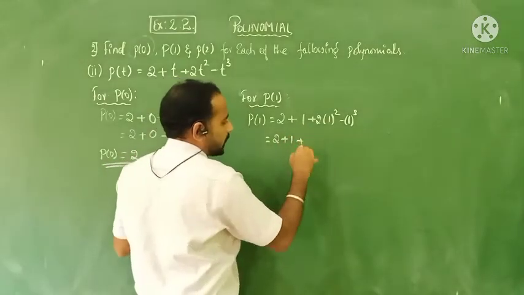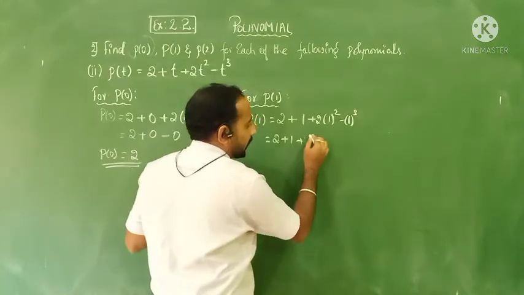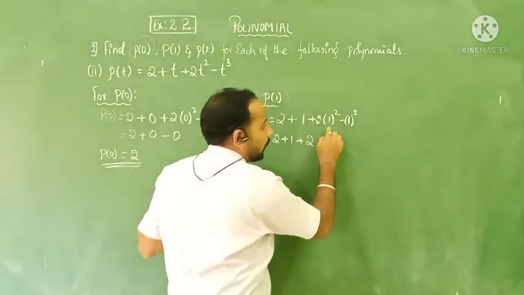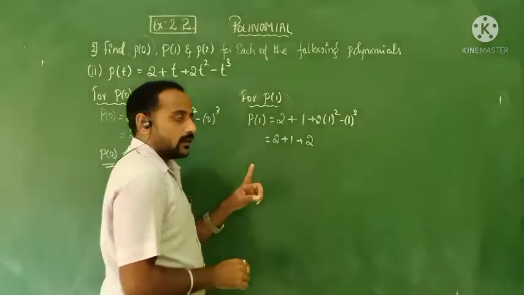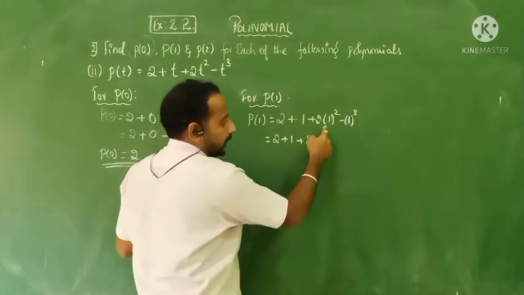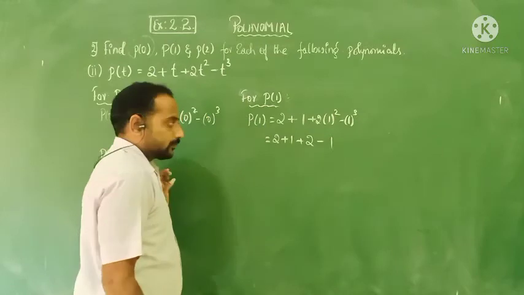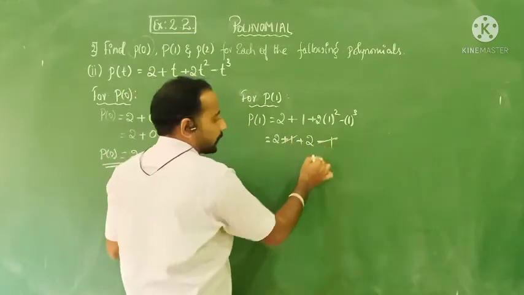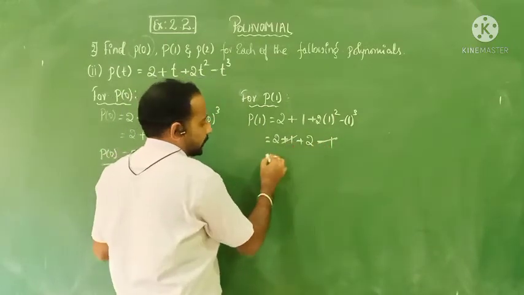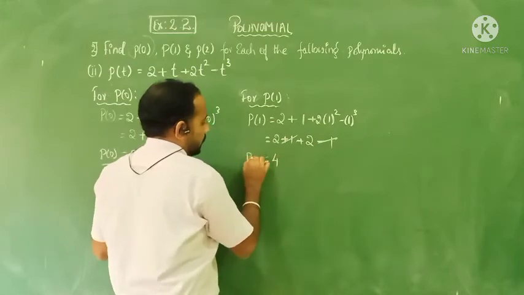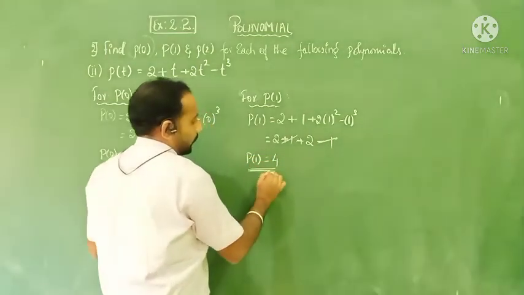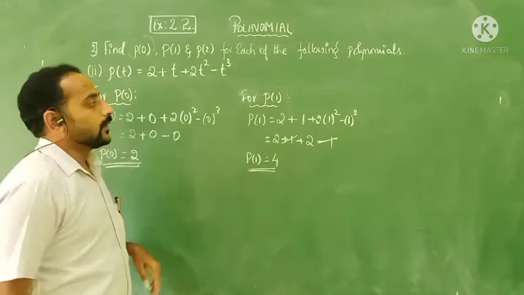Otherwise, we will first finish the simplification. 2 into 1 square is 1, so that is 1 into 2, it is 2 itself. Minus 1 cube is 1. Plus 1 and minus 1 will get cancelled, remaining 2 plus 2, that is 4. So P of 1 is 4.